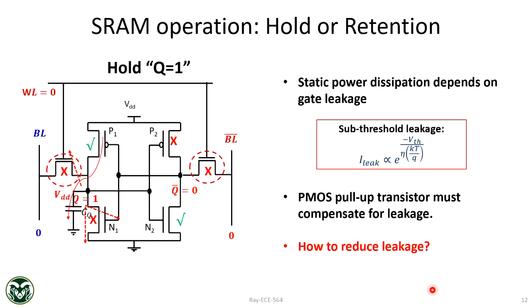Because the higher the temperature, the more the leakage. Look at this equation: this temperature T will increase the leakage as you go to high temperature. So at higher temperature, you need to keep your hold state at a higher voltage, which is again a lossy mechanism, right? The higher the voltage you keep, the higher the power dissipation as well. So yeah, high temperature is bad for any leakage.